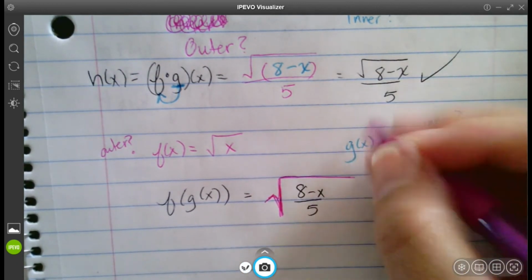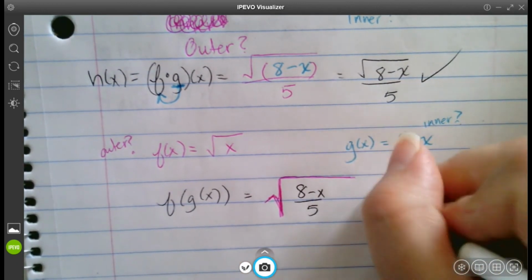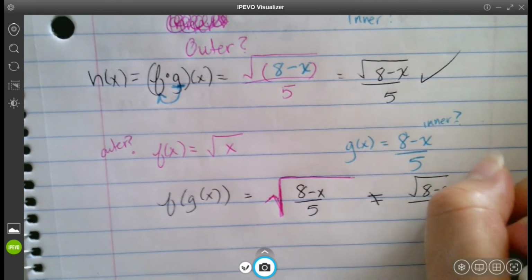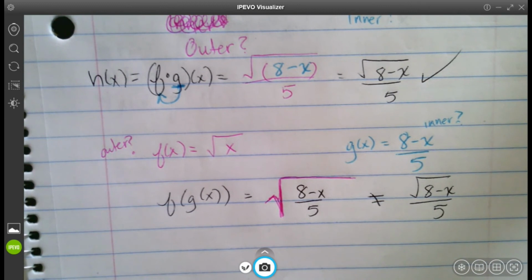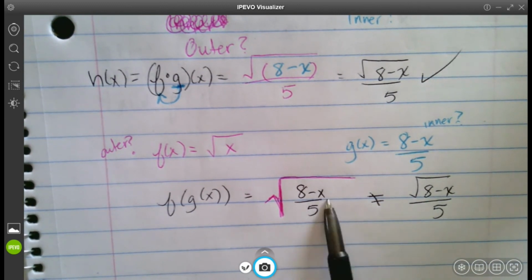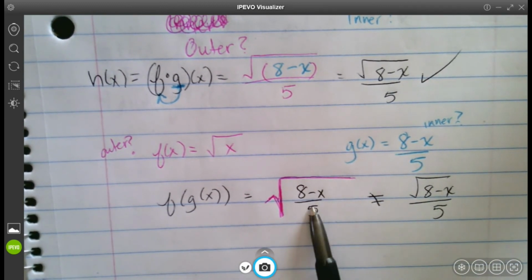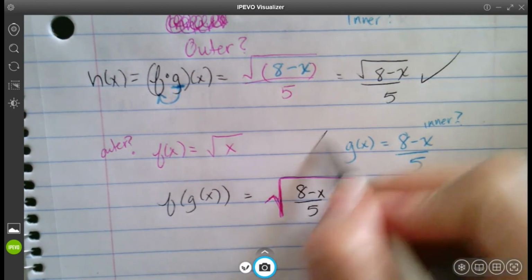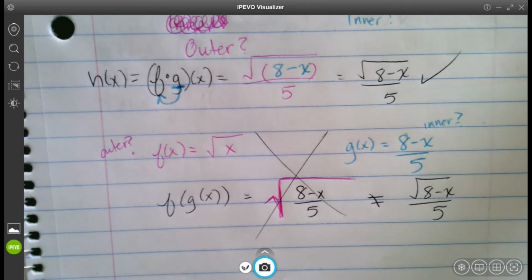And this is not equal to what we wanted. Very different. If this is all inside the square root, then it's all inside the square root. You can't just pull the 5 out because you feel like it. So this case would not work.